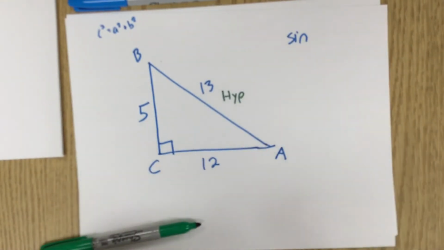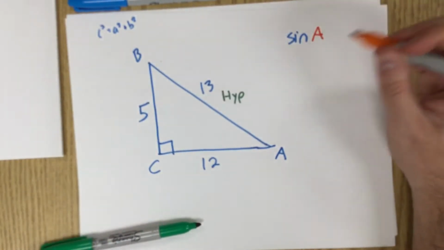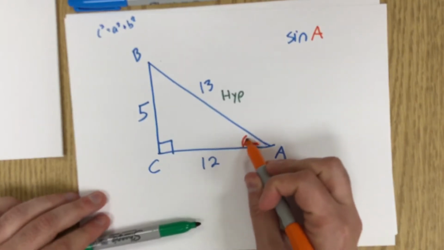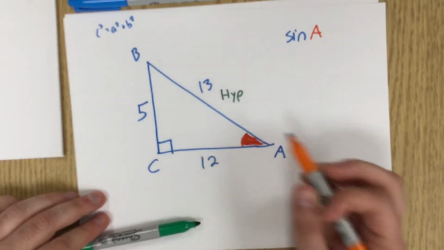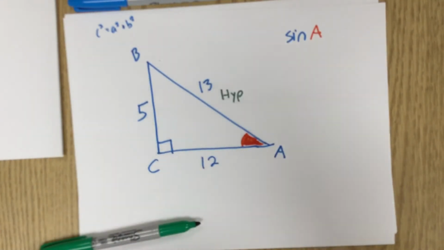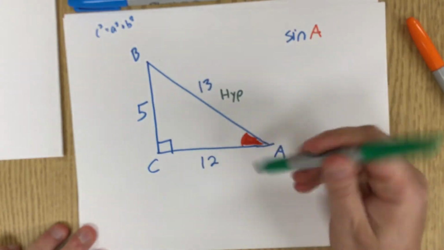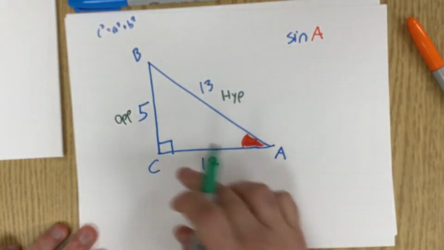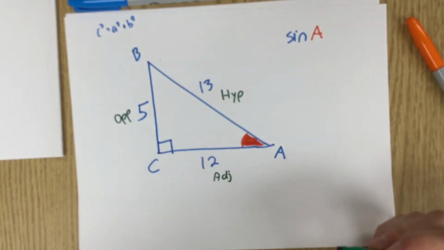So for example, I might say, what is the sine of A? Now I'm saying I want the sine of this, so this is going to be our special angle. Once we know what the angle is, we can name the appropriate sides. So that's A, this is our angle, so this is the opposite side, and this over here is the adjacent side.